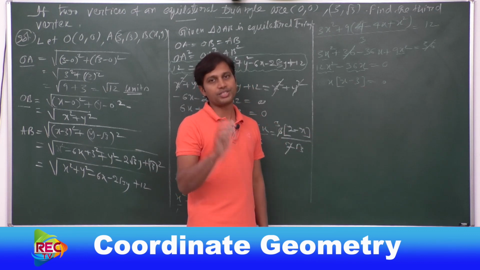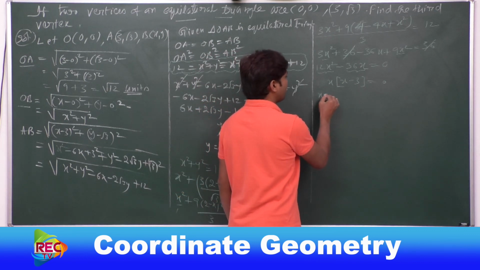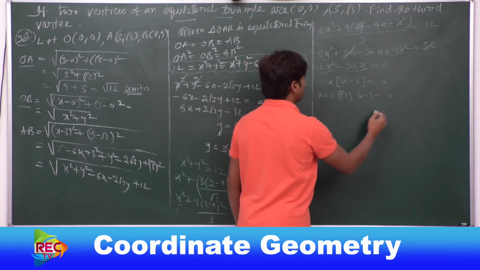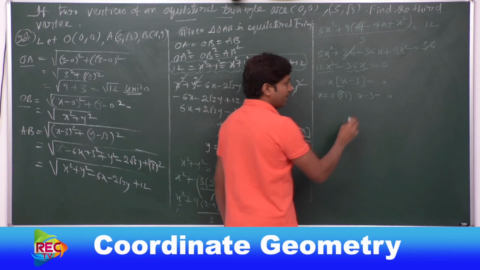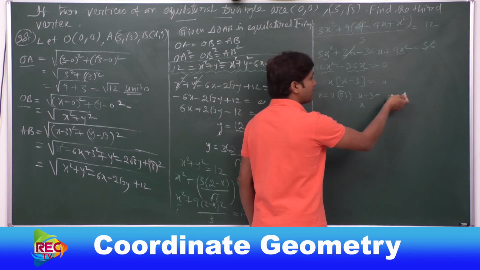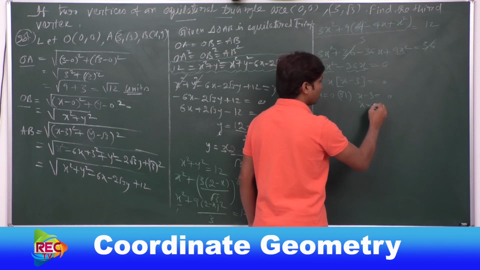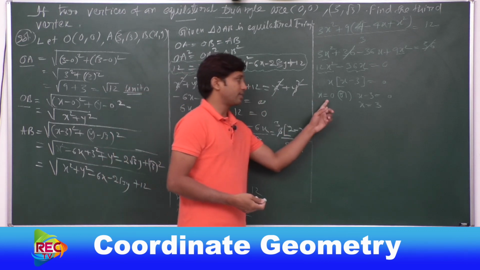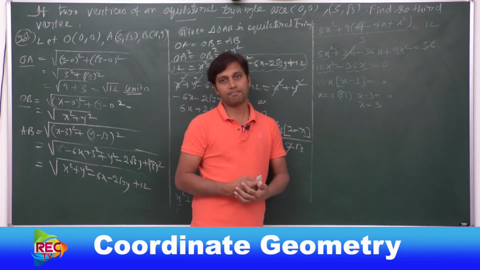Any one of them should be 0. So either x equal to 0 or x minus 3 equal to 0. If x equal to 0, that's okay. If x minus 3 equal to 0, this implies x equals 3, as the minus 3 goes to the other side to become plus 3. So we obtained the two values for x: one is 0 and one is 3.